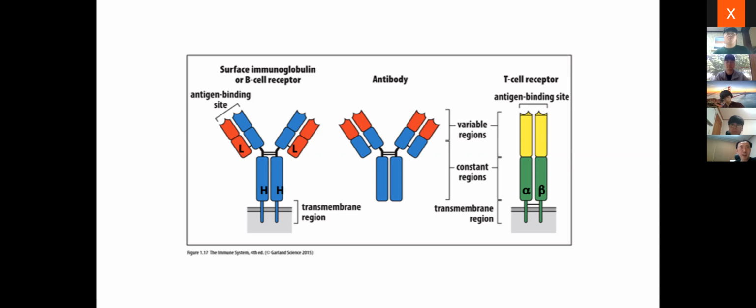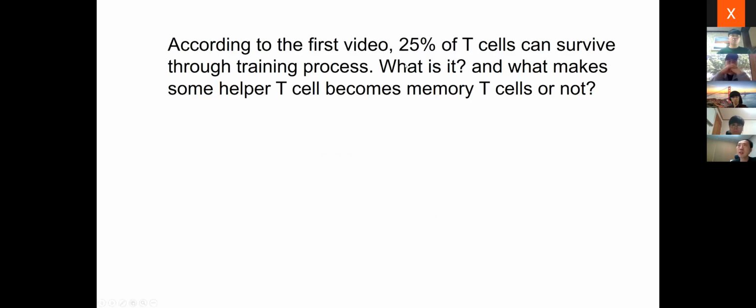In the second selection, they bind too strongly to our own cells, our own molecules, and then half of them died. Only 25% are left over. They do not bind to our cells very strongly. And now, if any new things come into our body, they start to react to those materials. That number is the so-called 25% survived.